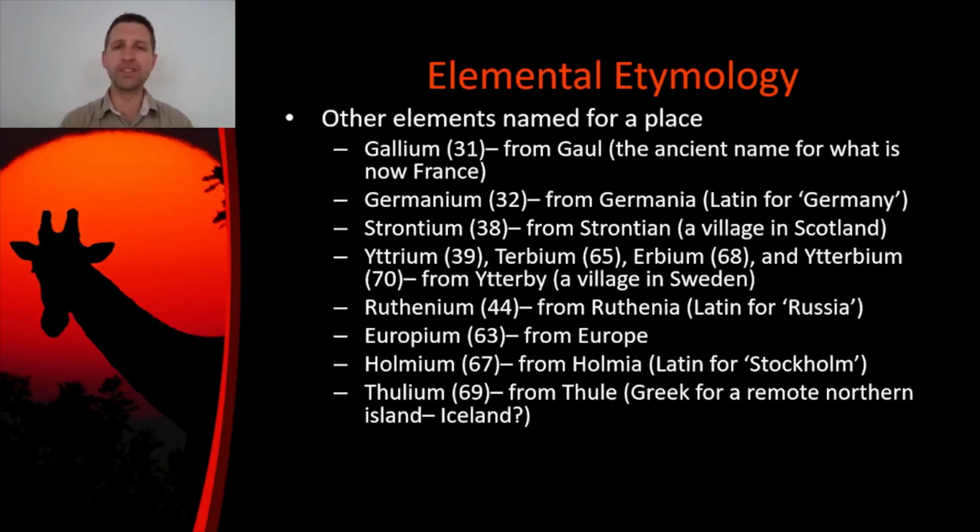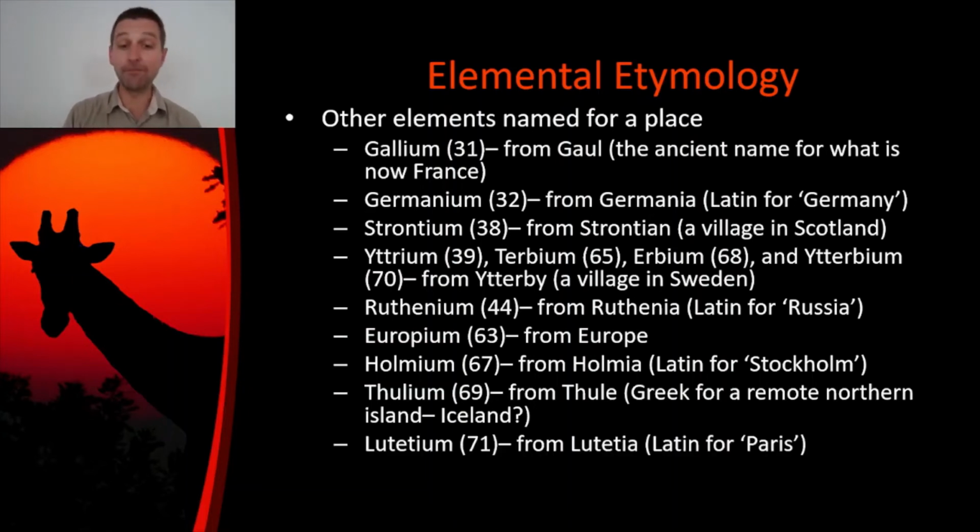When this element was named, it was named by someone in Scandinavia, and I think he was going for the Scandinavian association, and he wanted to give it a really cool name going all the way back to classical antiquity, so he named it after this mythical northern island that was known to people living in the ancient Mediterranean.